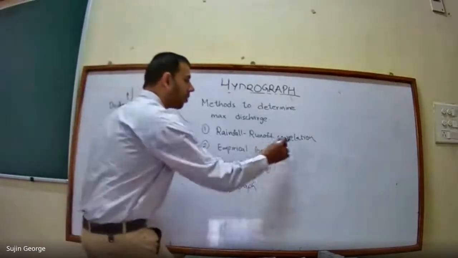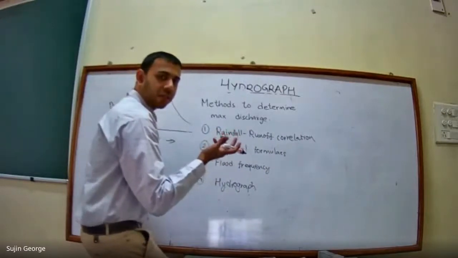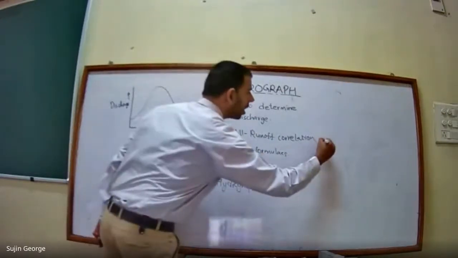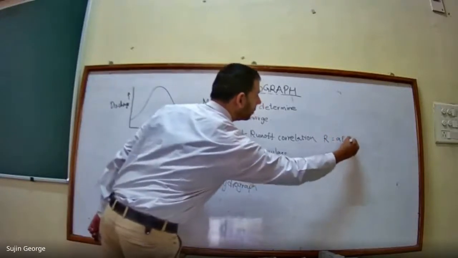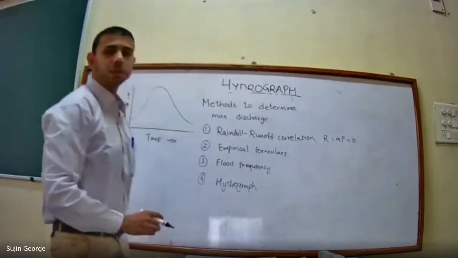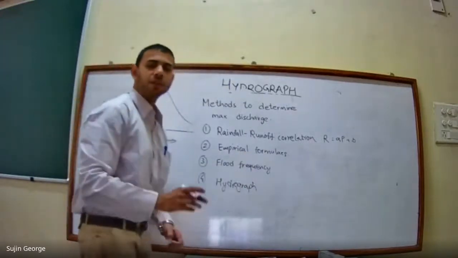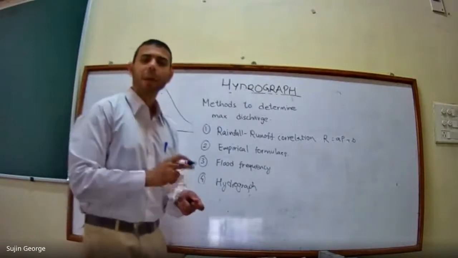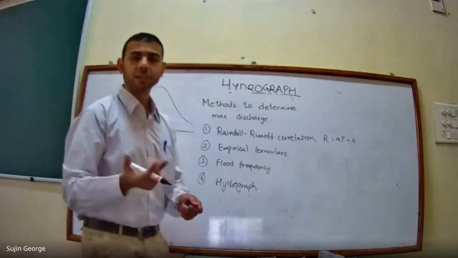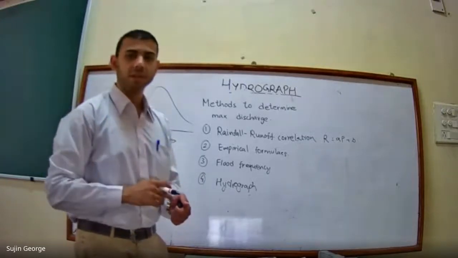Now, for rainfall run-off correlation, we know there is a linear equation, which is R equals AP plus B. For empirical formulas, we know there were several formulas like Binny's formula, Barlow's formula, Strange's table, the English formula, then there is Khosla's method.